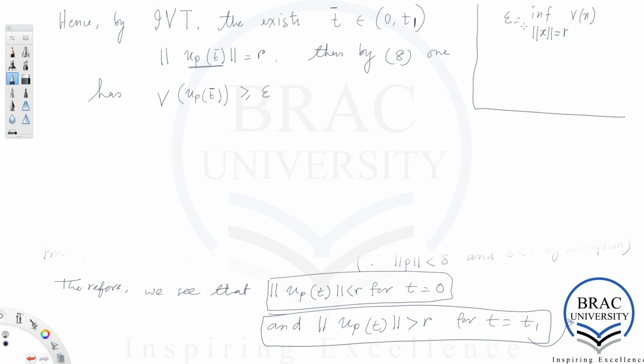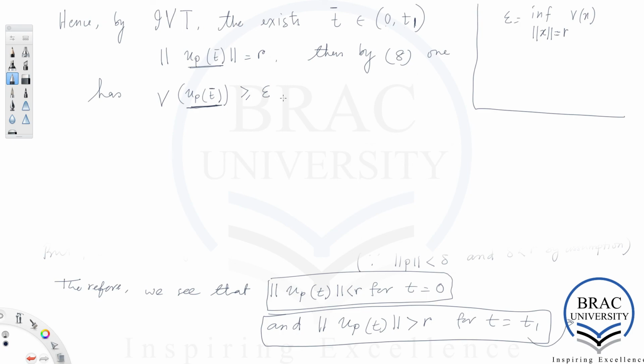Because epsilon is the infimum of all those values. So if I pick a point on the circle, at that point the value of V would be greater than or equal to epsilon.